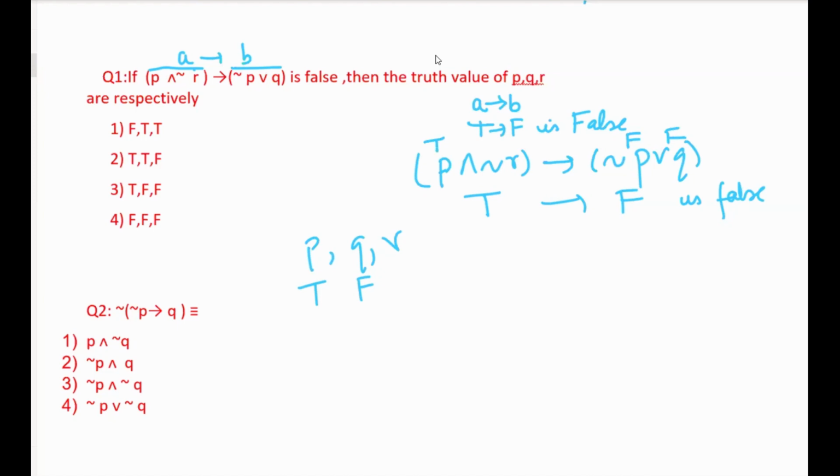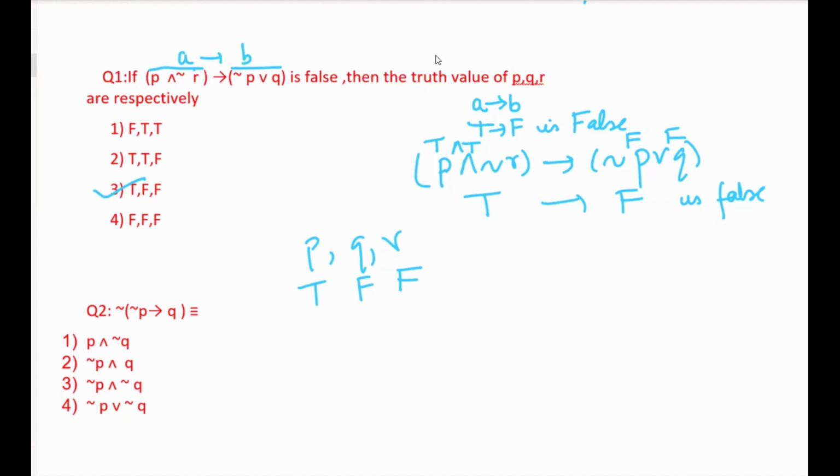And in case of intersection, there is only one case which gives a true truth value, that is true intersection true. P is already true. Here what we get, negation R is true. If negation R is true, then R will be false. So my answer is the third option.